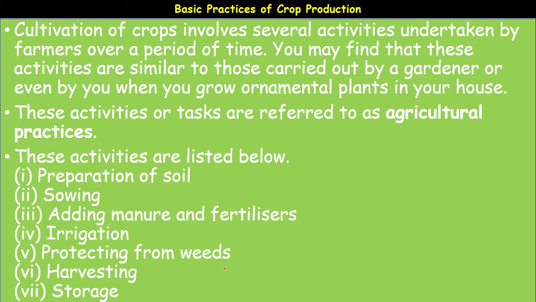Modern agriculture is carried out in a scientific and systematic way. It recognizes that for healthy growth and good output, the crops require oxygen, sunlight, water, mineral nutrients, protection from weeds and pests, and proper storage after harvesting.